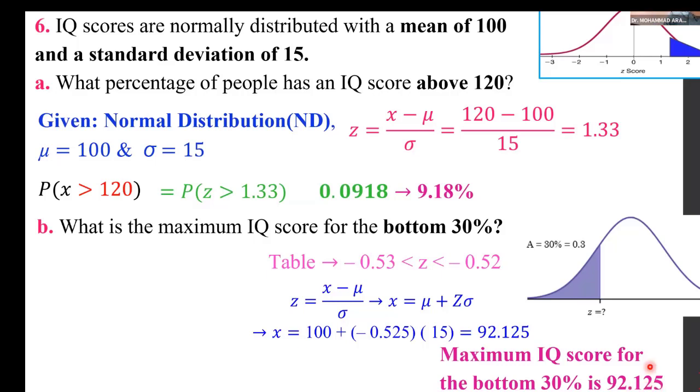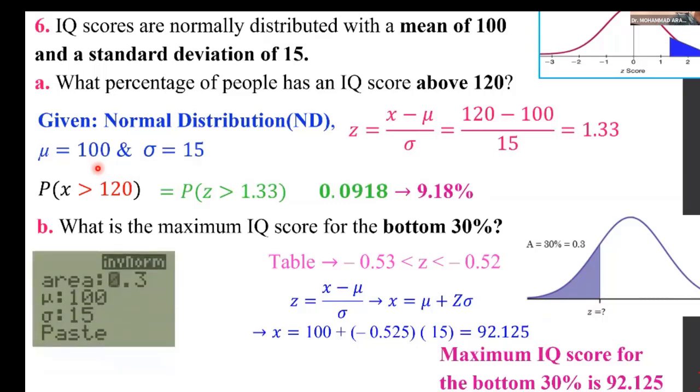What you really should remember in this case is that z equals 0 corresponds to mu. Therefore, it gives you the area of 0.5 on both sides, 0.5 on the left, 0.5 on the right. Because this is less than 0.5, whatever number you come up with must be less than mu.